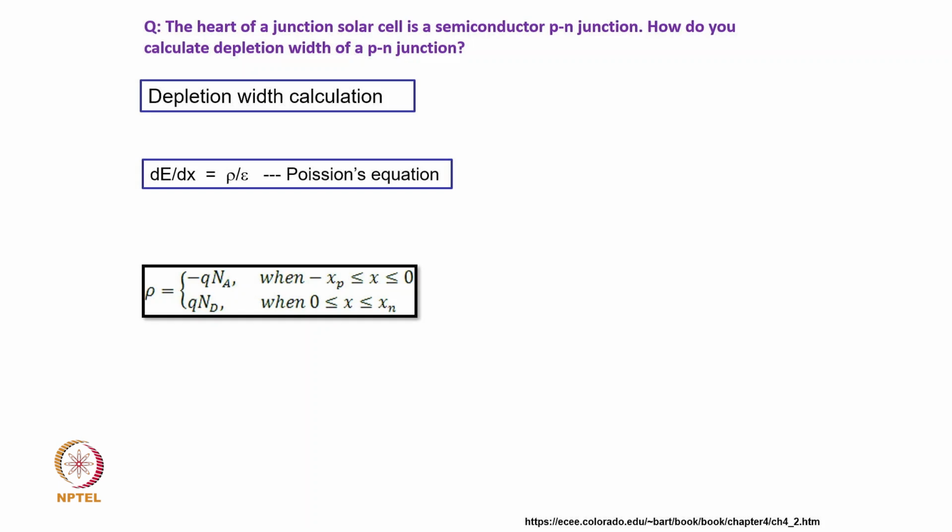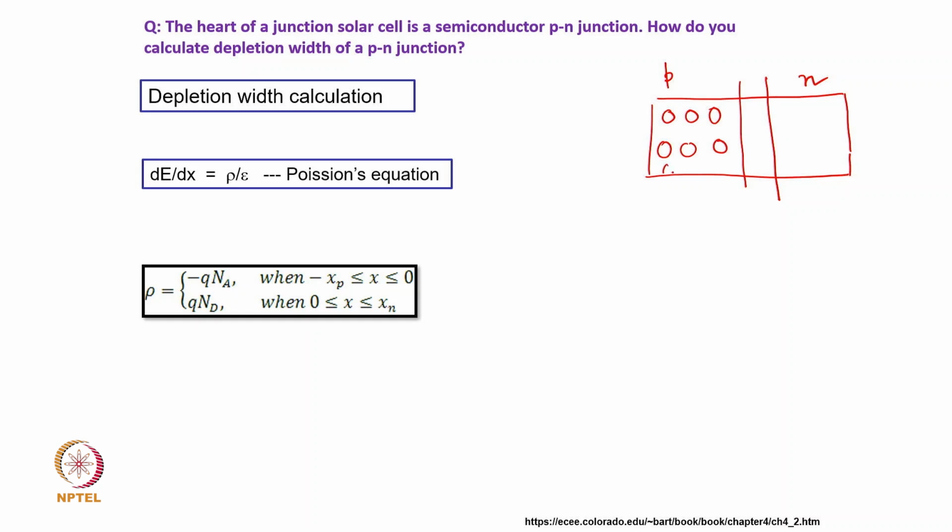How do you calculate the depletion width of a p-n junction? This is extremely important. So, what is depletion width? Let me again draw. Suppose this is a p type semiconductor and this is an n type semiconductor. In the p type semiconductor, the holes are majority and there are some electrons.